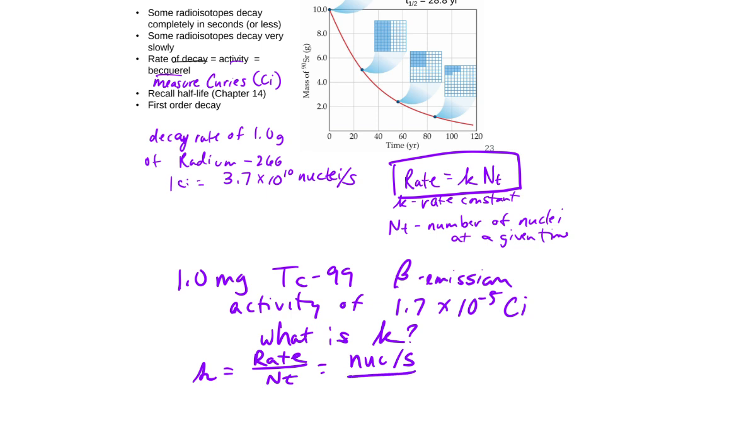And the number of nuclei is going to be measured in nuclei. So I'm going to use nuc for nuclei. So if we have nuclei per second divided by nuclei, that's going to give us a unit of 1 over s, so per second, which is often how our rate constant units were given, okay? 1 over time.